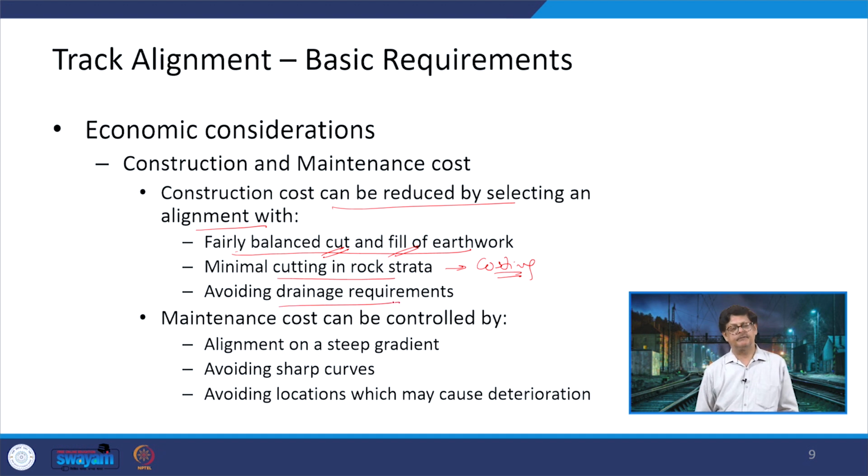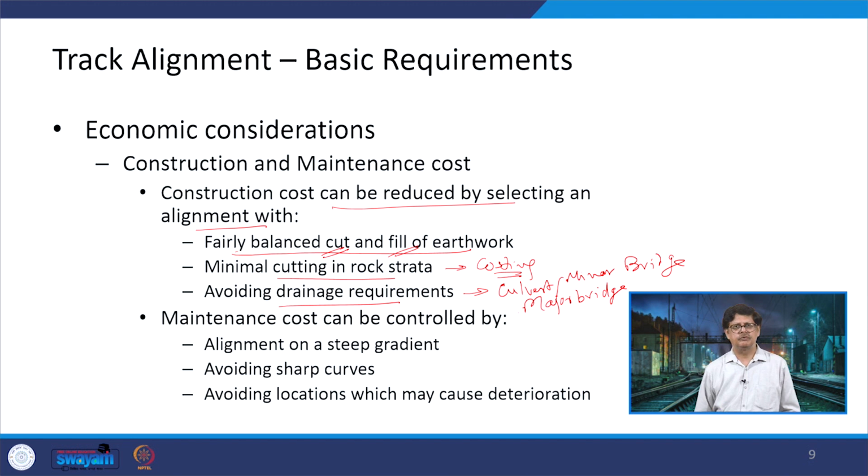Avoiding drainage requirements: if you are crossing locations where drainage requirements will be there, you have to go for a culvert, or a minor bridge, or a major bridge, and all of these will increase the cost.